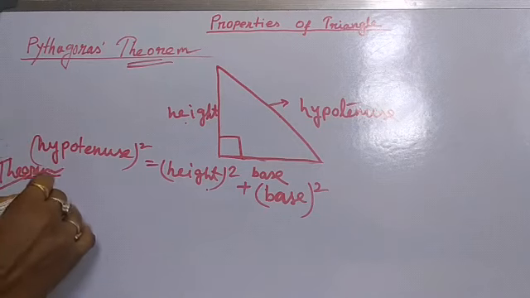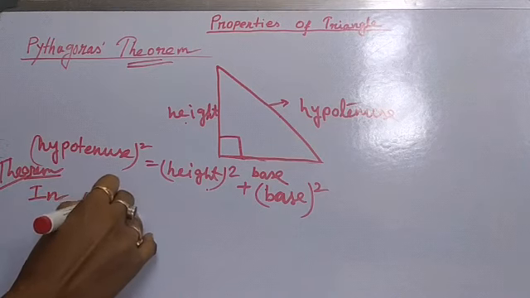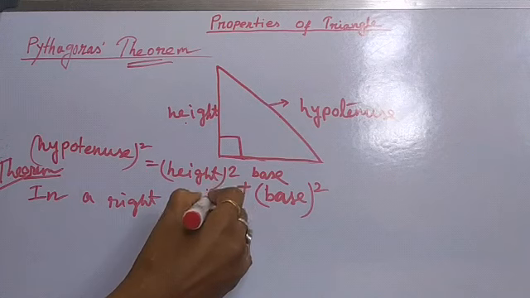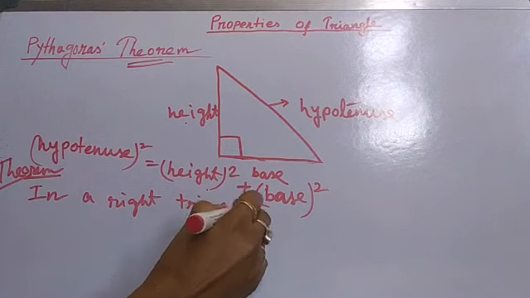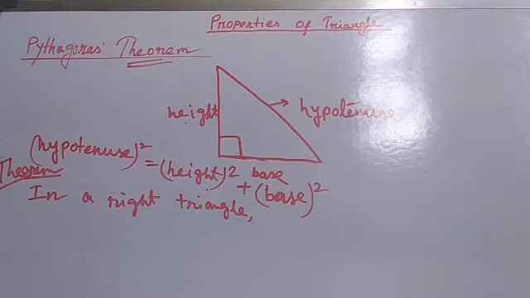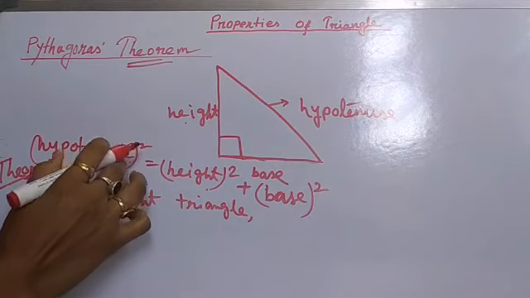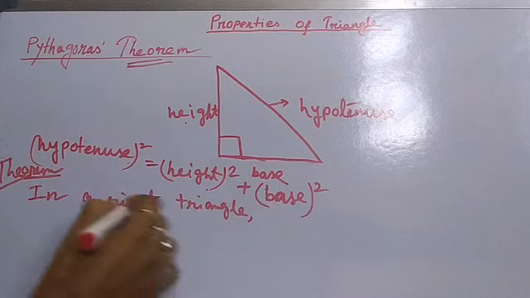In a right triangle, the square of the hypotenuse, so it should be written in words.